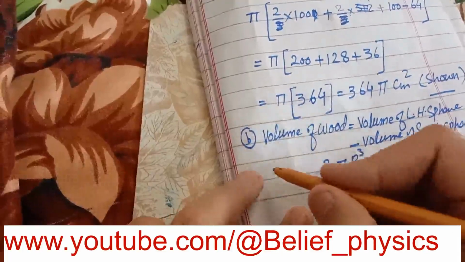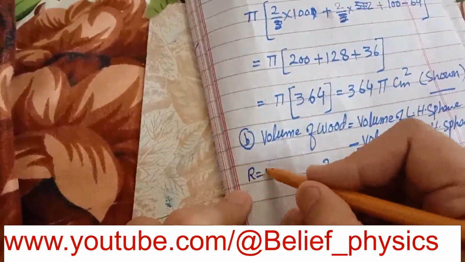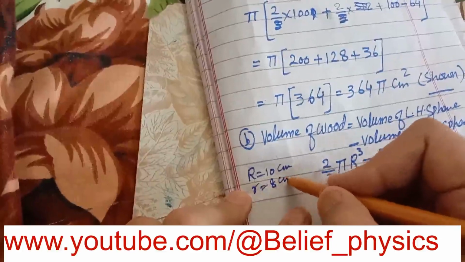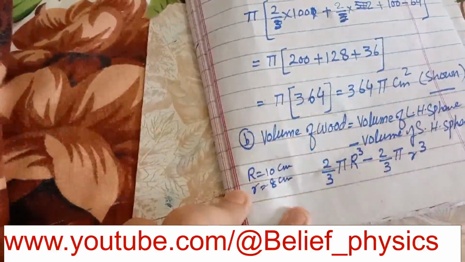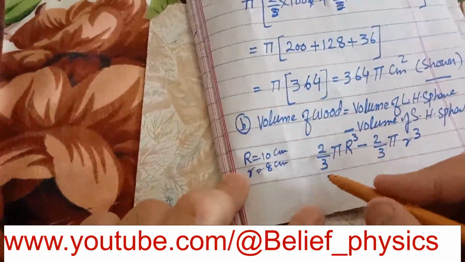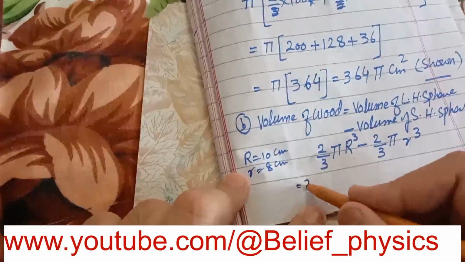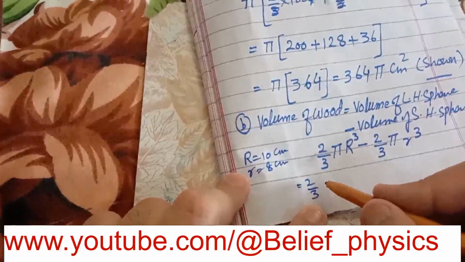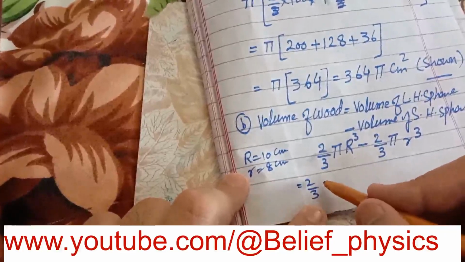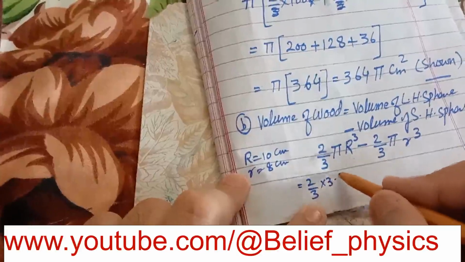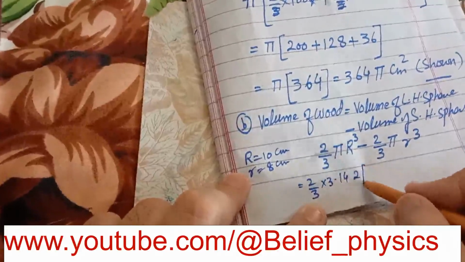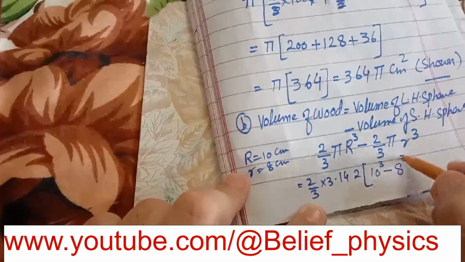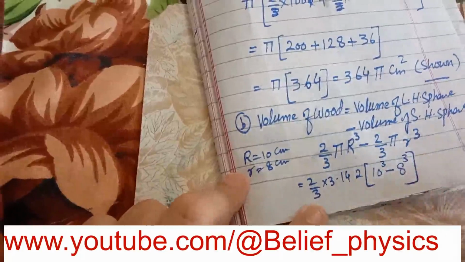We calculated in the beginning of this question that R is equal to 10 centimeter and small r is 8 centimeter. So this will be equal to 2 over 3 pi, where we put the value of pi as 3.142, into 10 cube minus 8 cube.